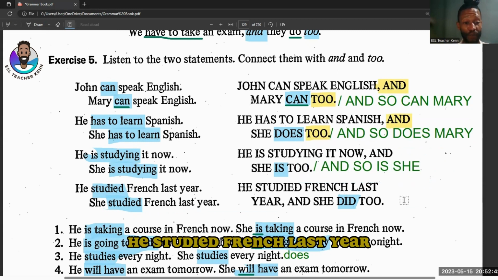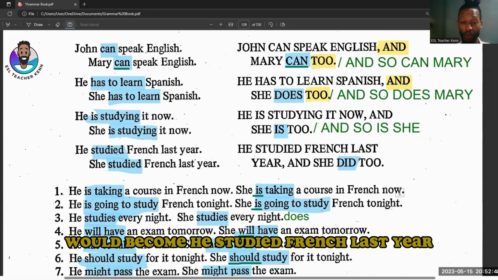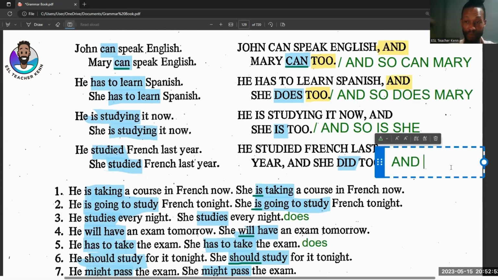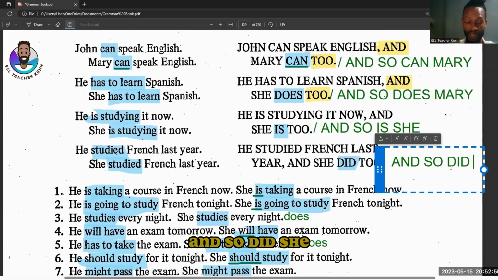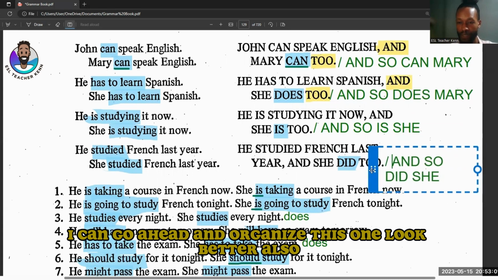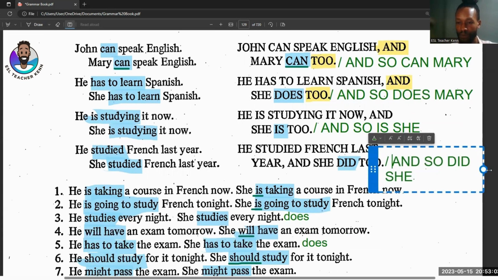He studied French last year. She studied French last year would become he studied French last year, and so did she. Let me go ahead and organize this one a little bit better also.